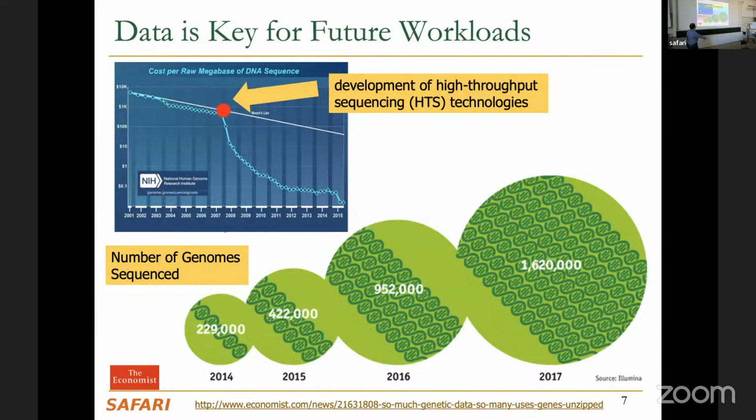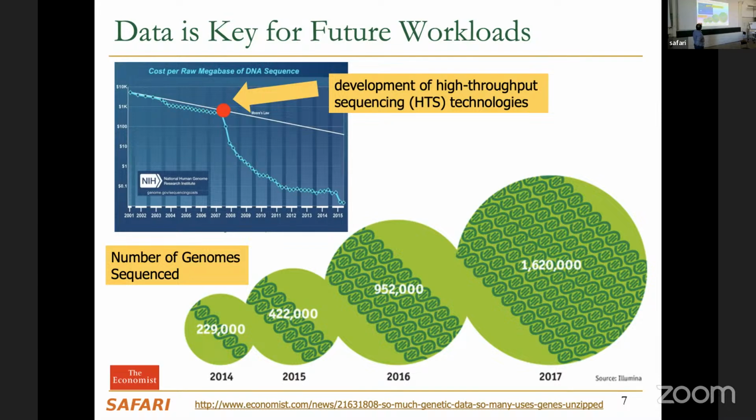This is another example that I really like. I think you have seen this slide in the genomics lecture. Before 2007 or so, the throughput of the data sequencing machine, a so-called data generator for us, was more or less aligned with the performance of our computing systems.